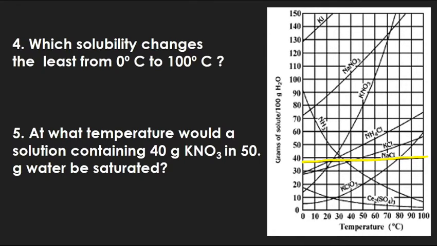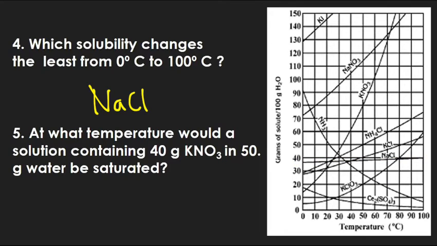This NaCl line almost blends in with that 40 gram line because it is just so flat. That definitely changes the least. The Ce2(SO4)3 line is also pretty small compared to some of them, but that NaCl line is most definitely going to have the smallest change in solubility over the course of this graph.